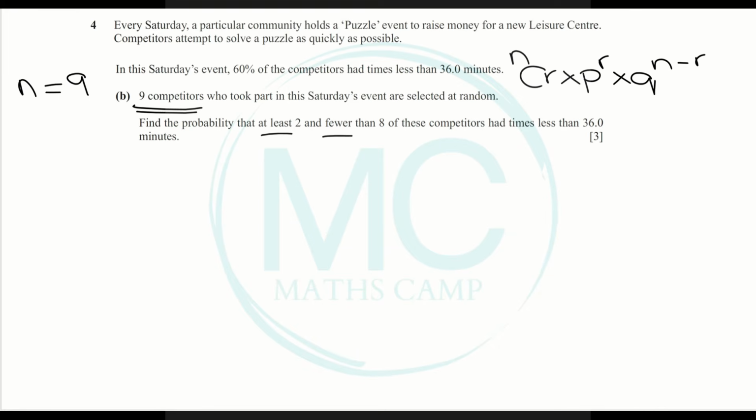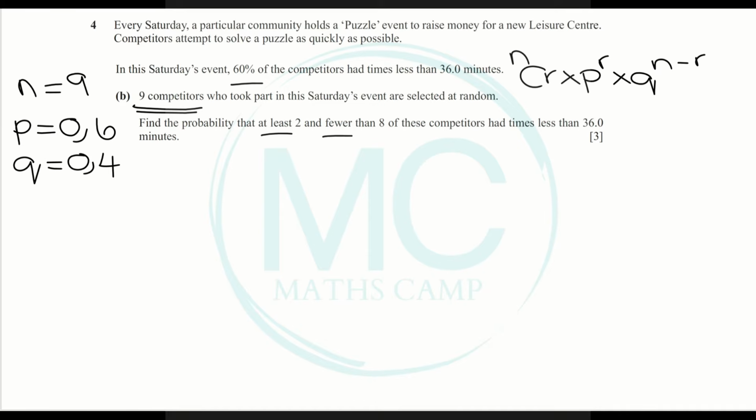P is our probability, 60%. So P is equal to 0,6. Q is our complement, the probability that something does not happen. 1 minus 0,6 is 0,4. So Q is equal to 0,4. Now we need our X values.